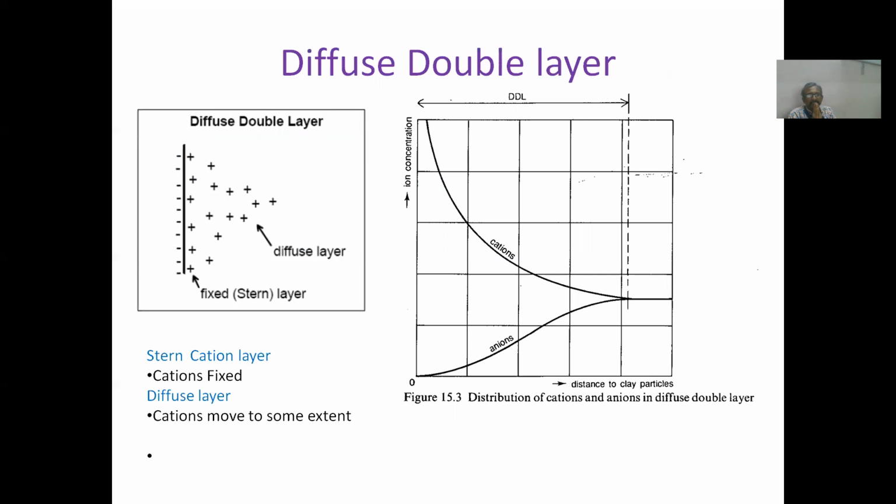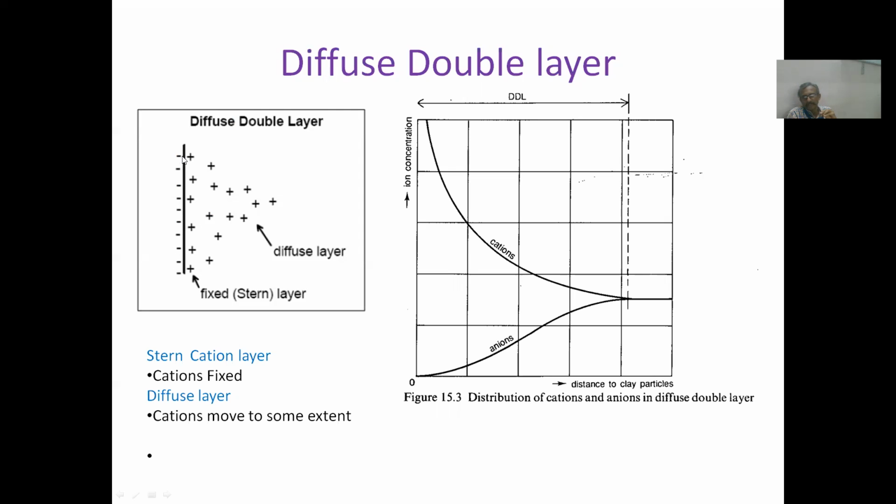Next is a concept called diffuse double layer. Let us see, this is a clay particle. This line indicates a clay particle. On the surface, you will have negative charges. In the soil solution, if we have salts, and if the salts are dissolved, they would get dissociated into cations and anions, and the cations alone would get adsorbed to the soil particle.